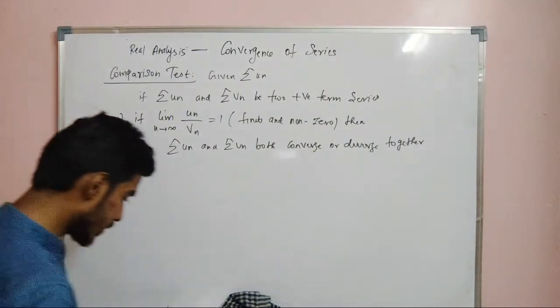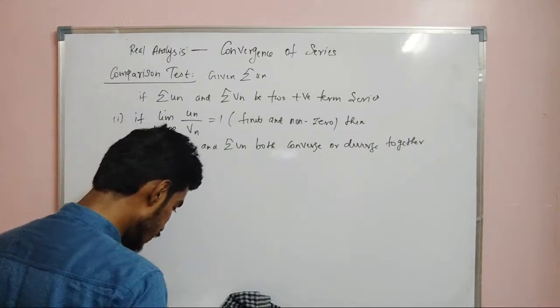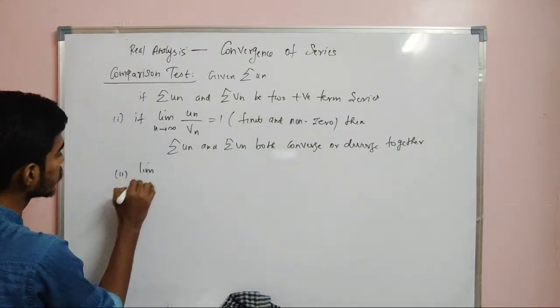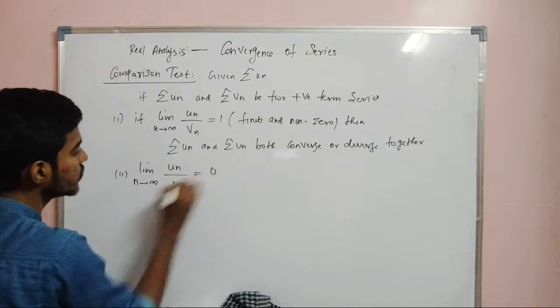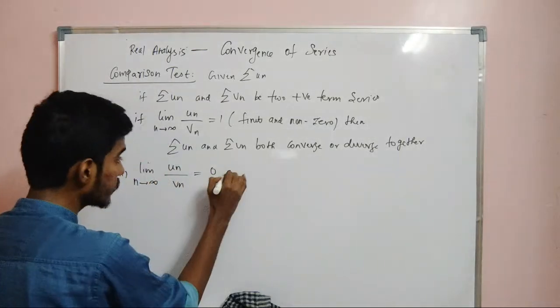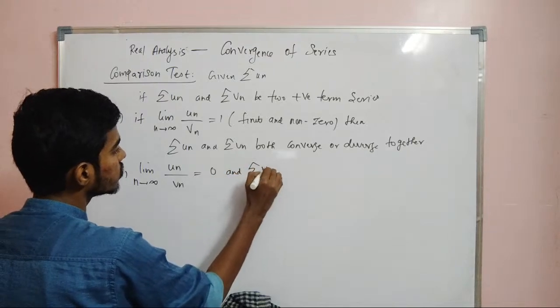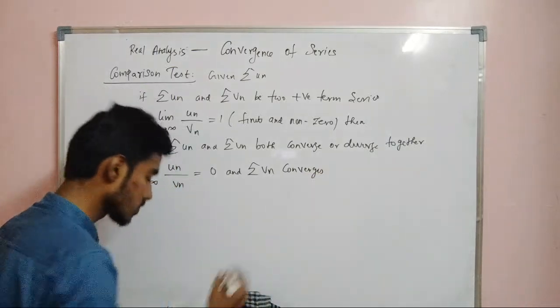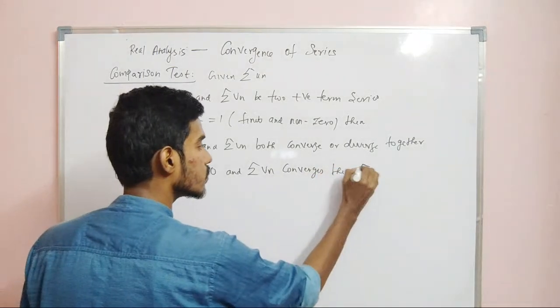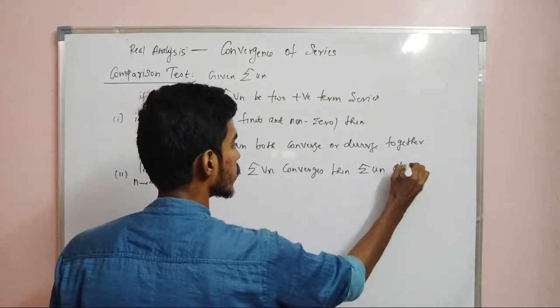Now the second case: if the limit as n tends to infinity of un by vn is equal to 0 and summation vn converges, then summation un also converges.